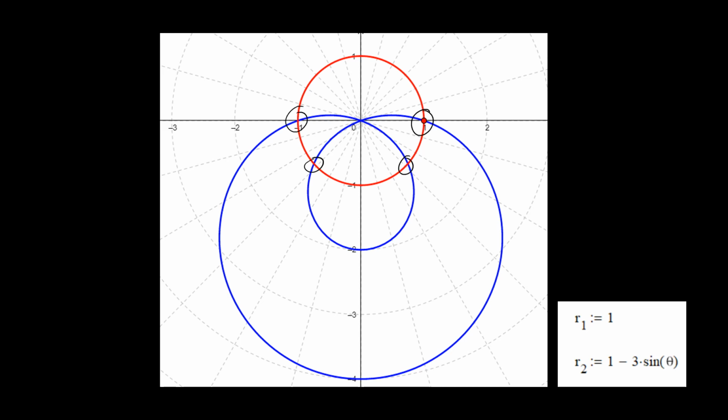The first two can easily be determined by equating the two. Now, as for the other 2 points of intersection, this can be determined by considering the fact that the equation of the circle r equal to 1 can also be written as r equal to negative 1.